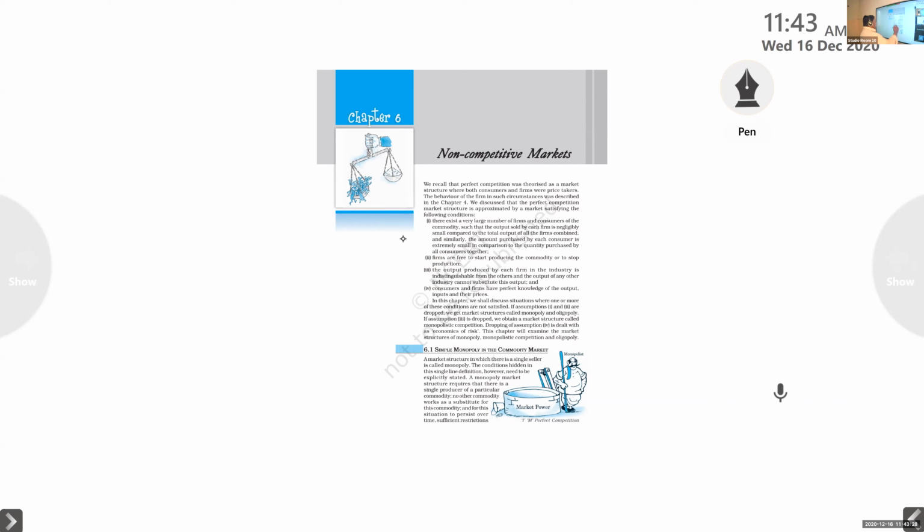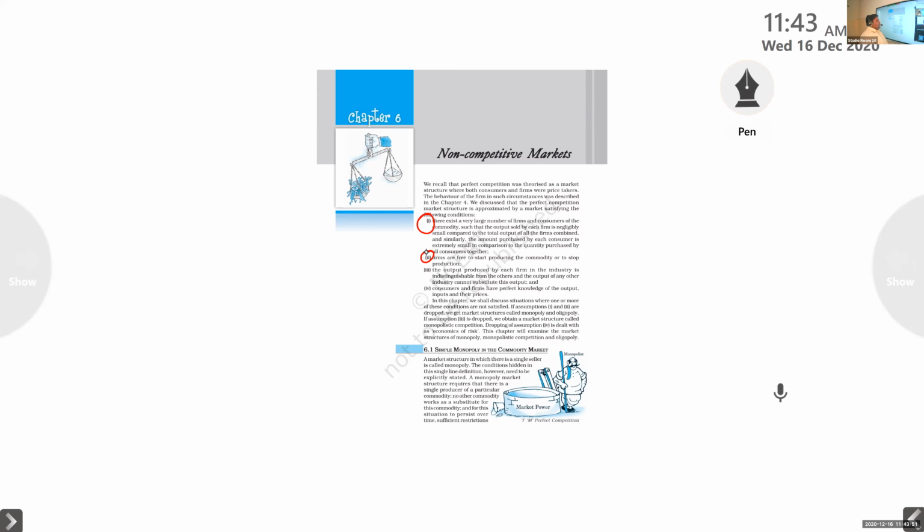The first condition is related with the perfectly competitive market, and the second condition is that firms are free to start producing the commodity or to stop production: free entry and exit from the markets.